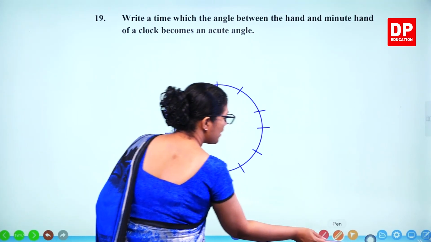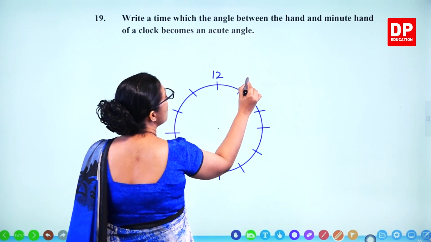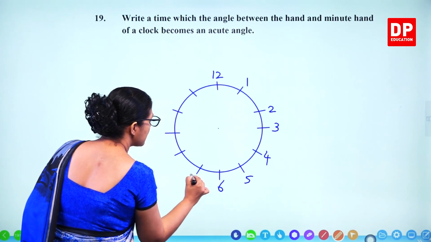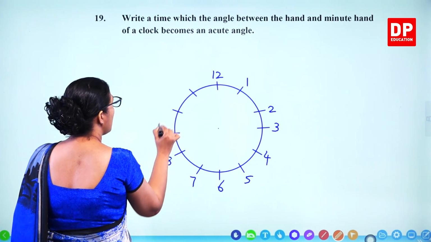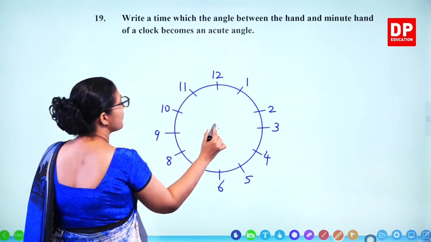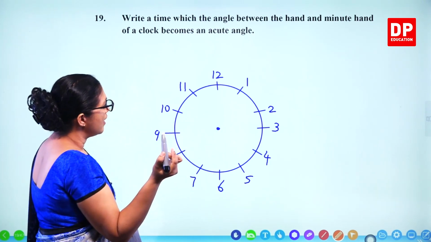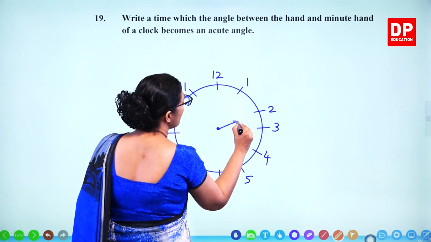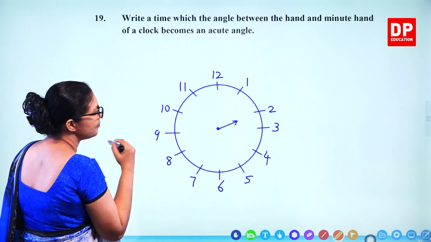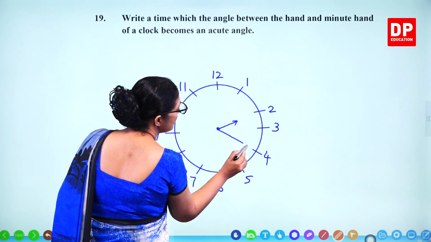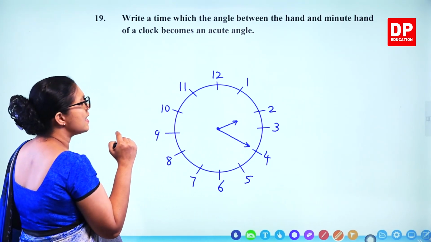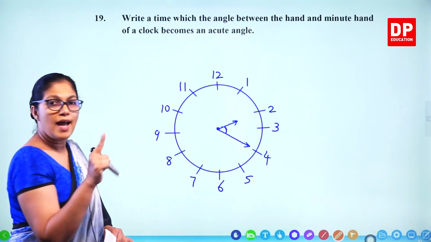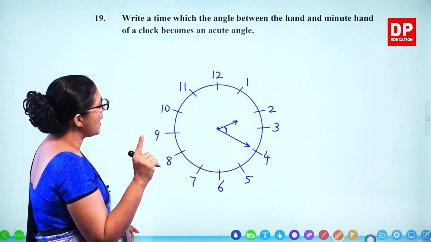And then I can put the numbers: 12, 1, 2, 3, 4, 5, 6, 7, 8, 9, 10, 11. So I can put any value. I'll put the hour hand here and the minute hand here. So the acute angle is here. The hour hand and the minute hand, the angle is acute.